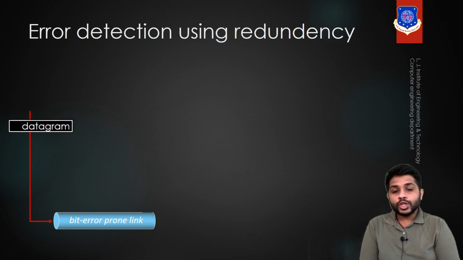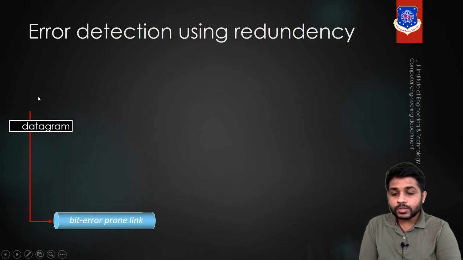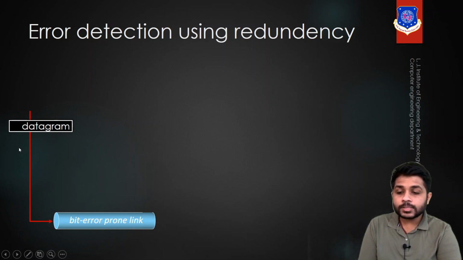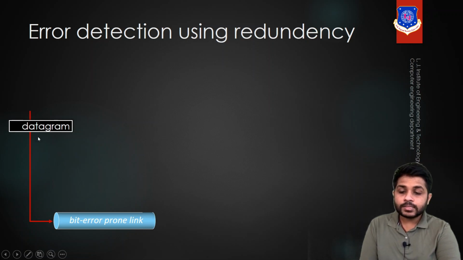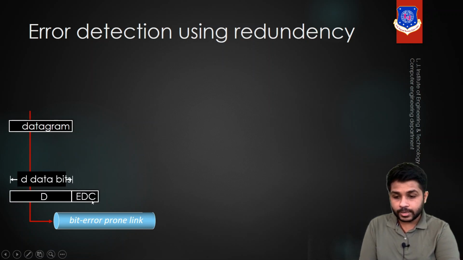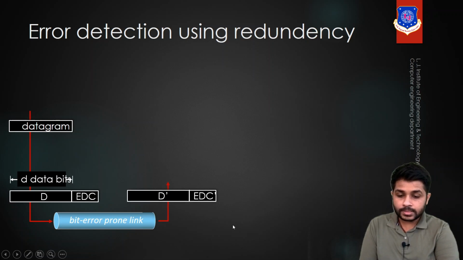Are you getting it? So in this example, you can see that the sender wants to send this datagram. This is our original data that the sender wants to send. Now the sender will not send this data directly. Before sending this data, the sender will add some extra data. You can see that the sender has added some extra data. Now this original data with the extra data will be received by the receiver.